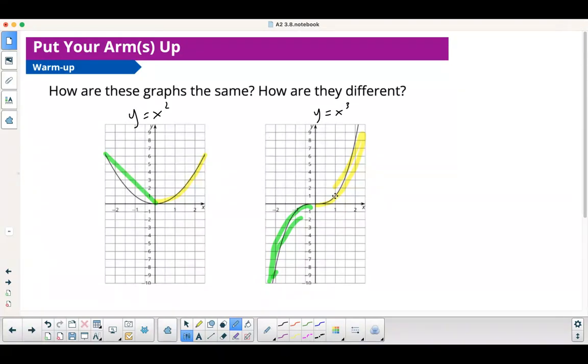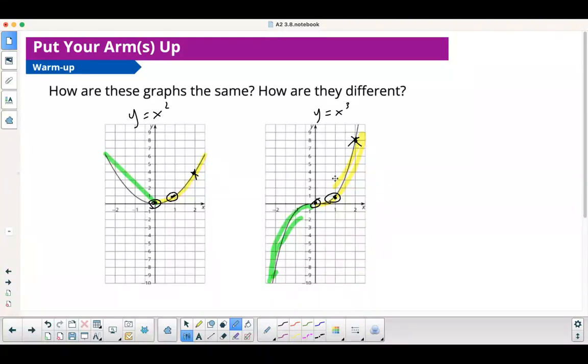I would say they both go through 1, 1. They both go through, oh wait, that one goes through 2, 4, whereas this goes through 2, 8. So some values are the same, like these two points right here, but then these points are different.